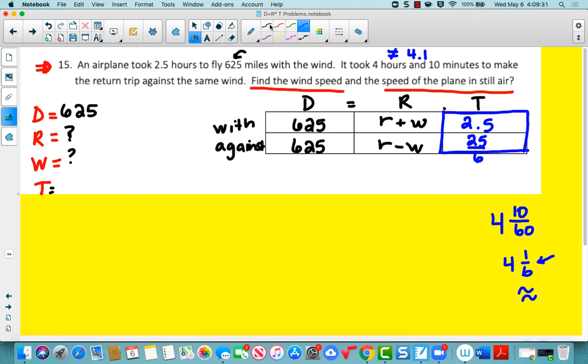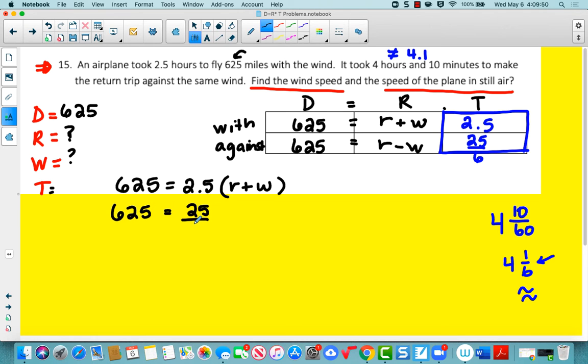Now I have my information and I can write my equations. Your first equation would be 2.5 times R plus W equals 625, and the second is 625 equals 25 over 6 times R minus W.